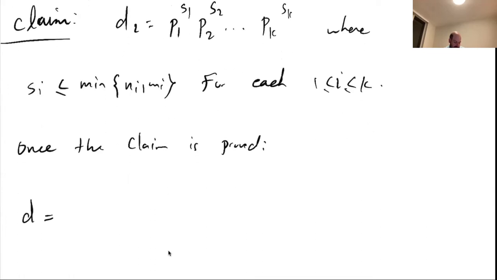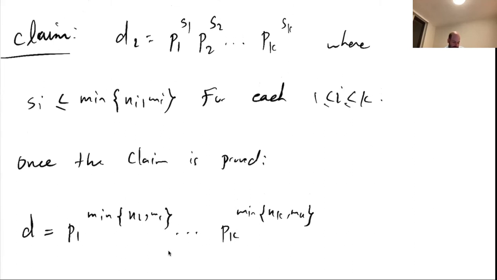Then we can say that D, which is P1 to power minimum N1 M1, all the way to Pk to power minimum Nk Mk, is equal to D2 times P1 to power minimum N1 M1 minus S1, all the way to Pk to power minimum Nk Mk minus Sk, and that means D2 divides D.